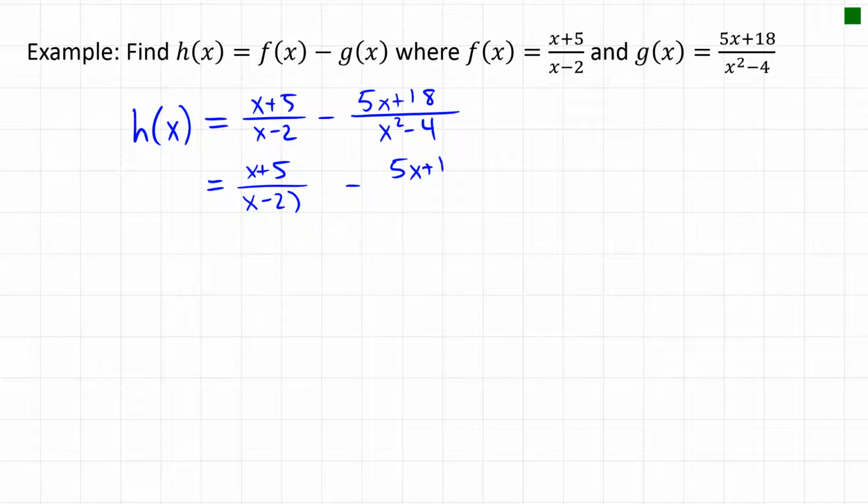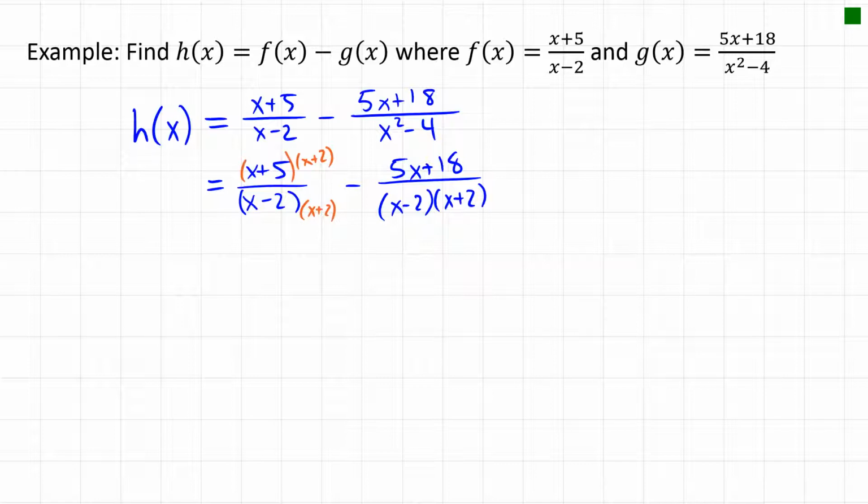And to do that, I have to factor any denominators that aren't factored. Here we have a difference of squares, so that would be x minus 2 times x plus 2. And right away I can see that we have that x minus 2 in common, but this first fraction needs an x plus 2 in order to add them together.